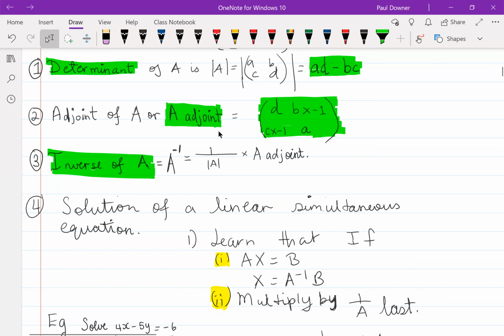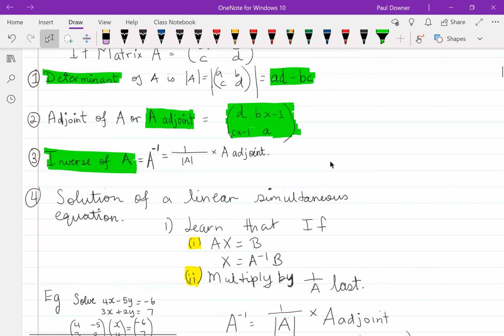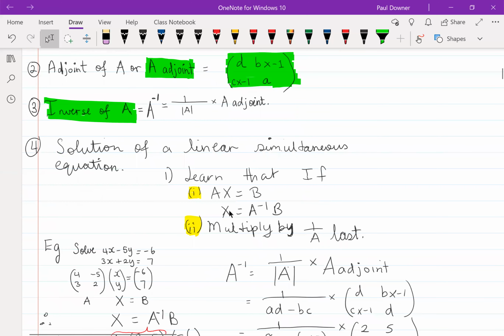That product gives you the inverse of a matrix A. These are important things you need to be able to do to handle the next very important step, which is the solution of linear simultaneous equations using a matrix method. You need to know how to do these 3 items here. But besides these 3, to do this part here, there are 2 other little things you need to be aware of.